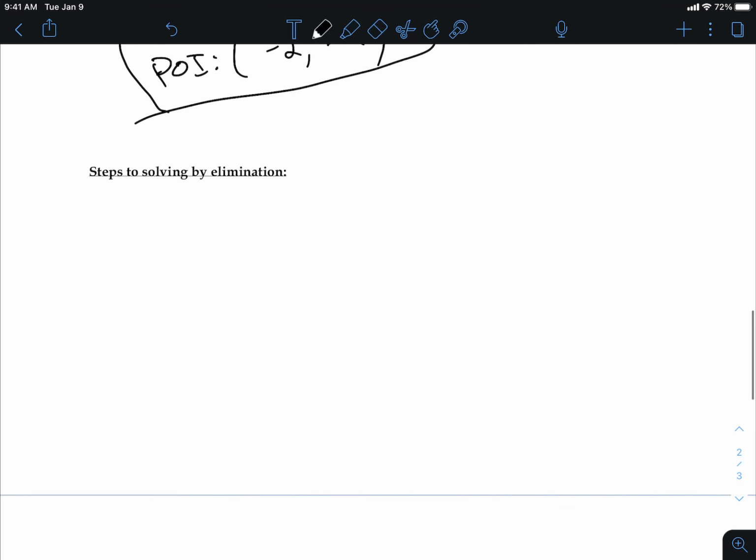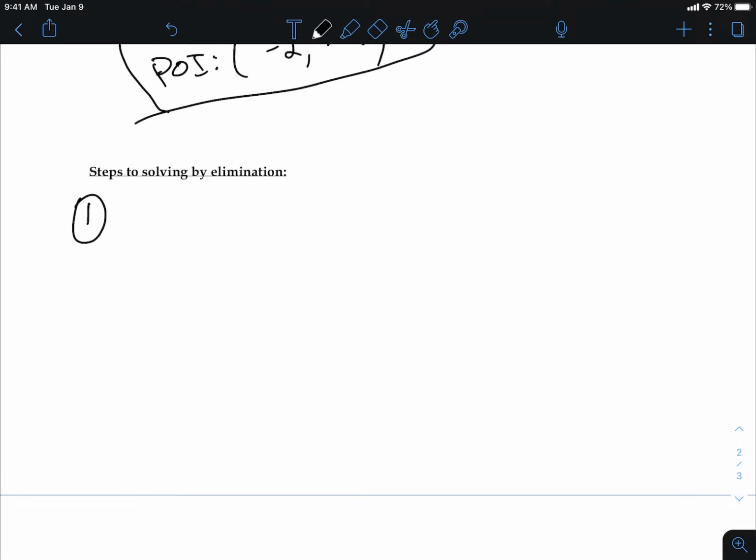Steps. Does anybody want to help me with the steps? What was the first thing we needed to make sure? Have 2 equal coefficients. Okay. What about the alignment of the variables? It doesn't matter, you can do both at the same time.